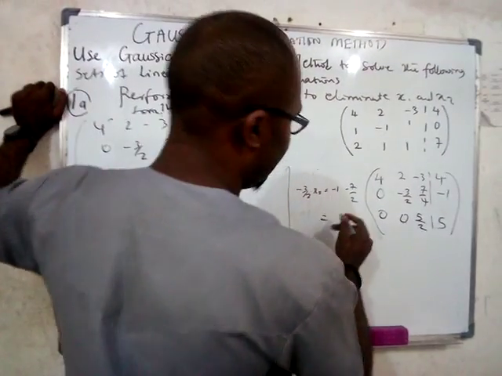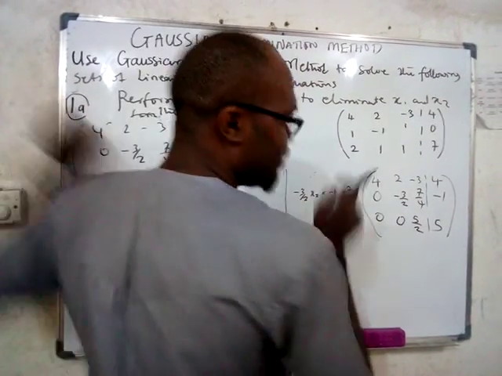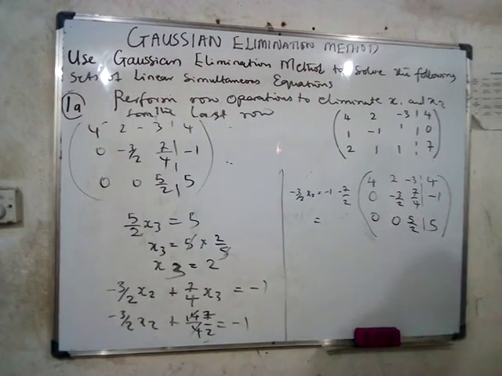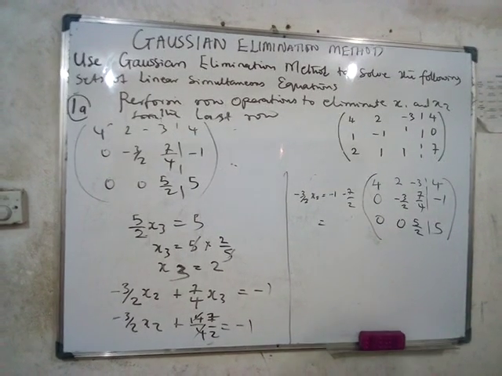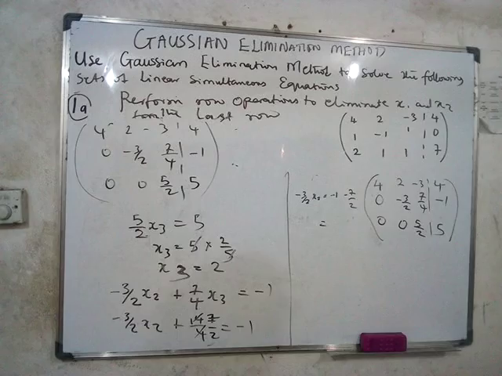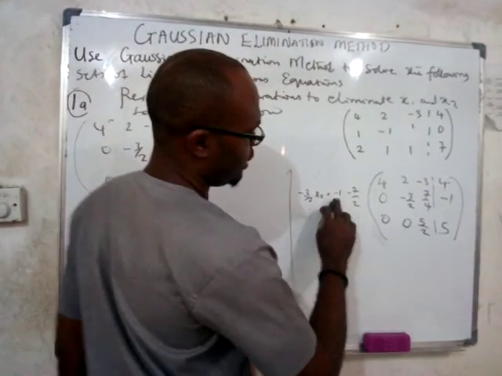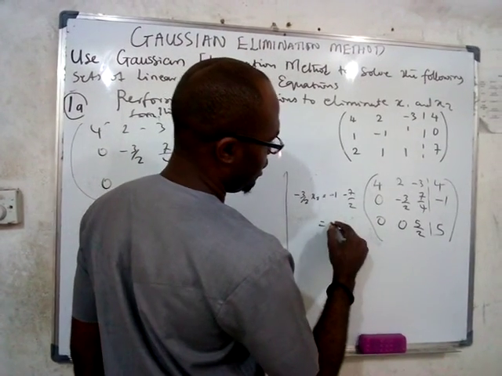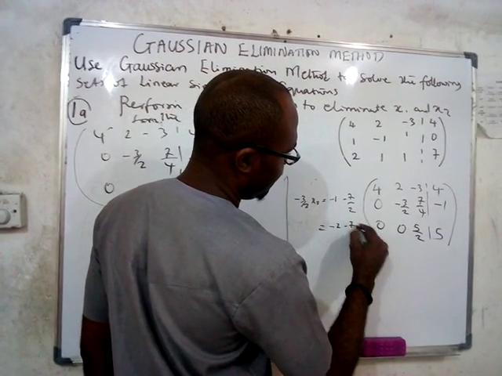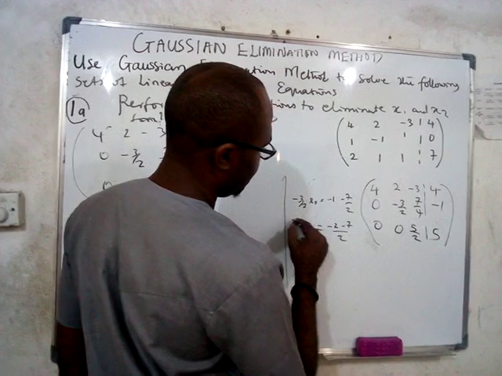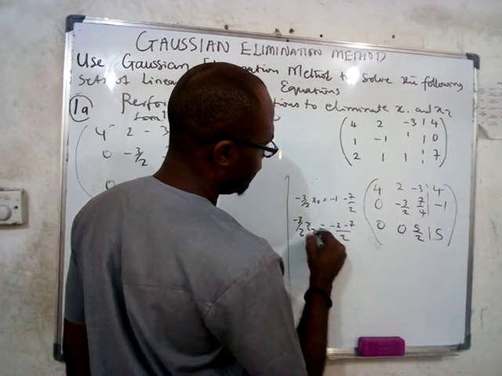So what will minus 1 minus 7 over 2 give me? 2 times minus 1 is what? Minus 2 minus 7, all over 2. So minus 3 over 2 x2 will give me this.